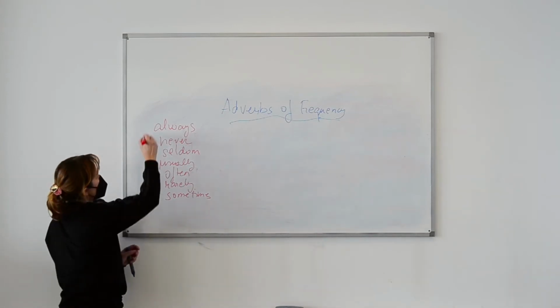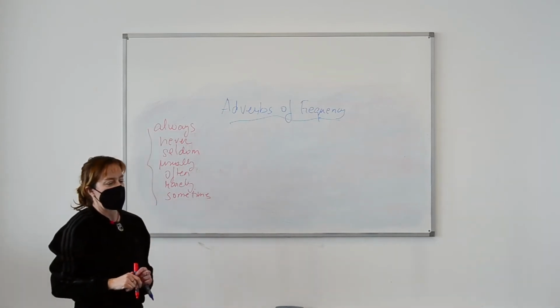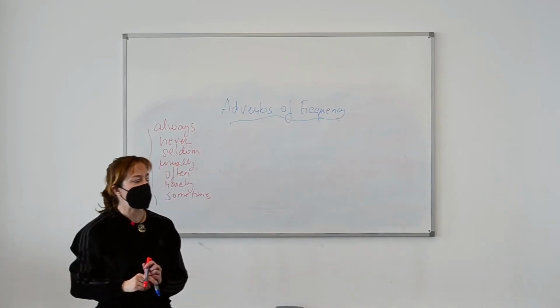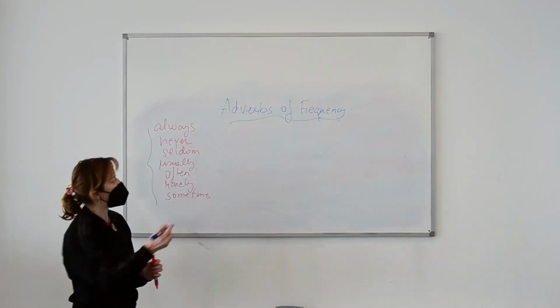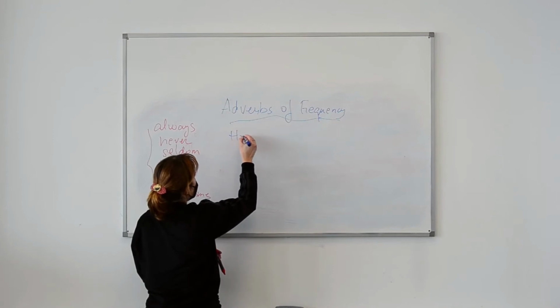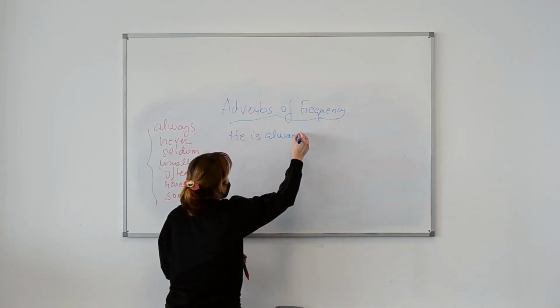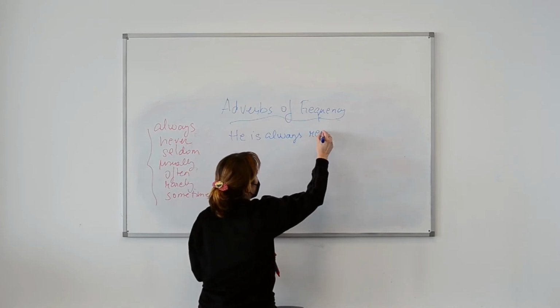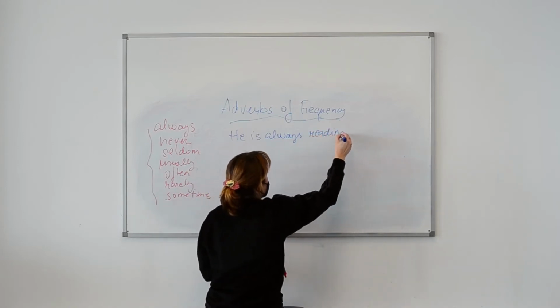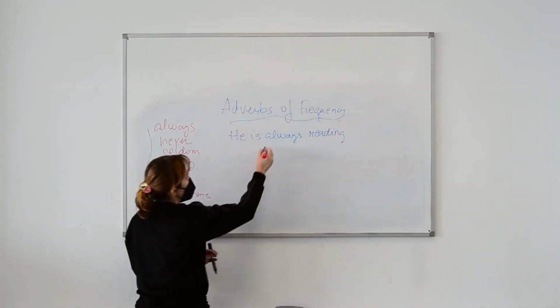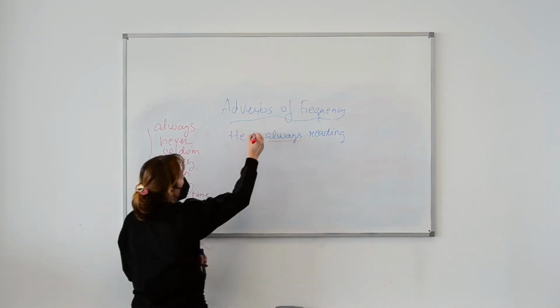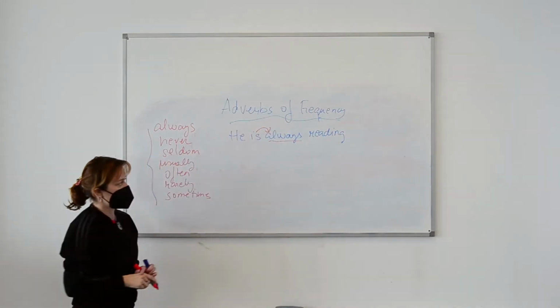The position of these adverbs is very important. Adverbs of frequency are usually placed after the verb to be. For example, he is always reading. In this case, the adverb always is placed after the verb to be.